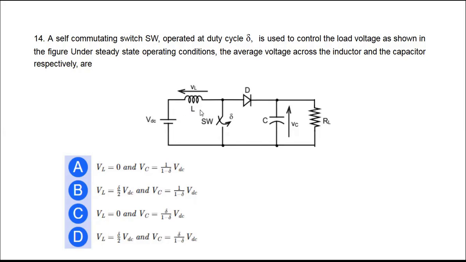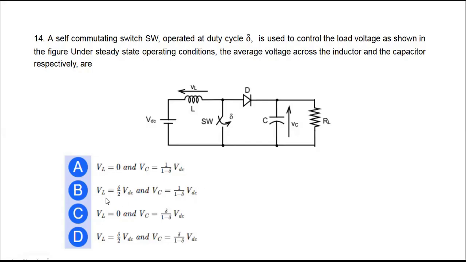So you have a self-commutating switch which is operated at duty cycle delta. And we need to find out the average voltage across the inductor and the capacitor. There are four options given. Option A is VL equal to 0, that is, average voltage across the inductor is 0, and VC is 1 by 1 minus delta into VDC.